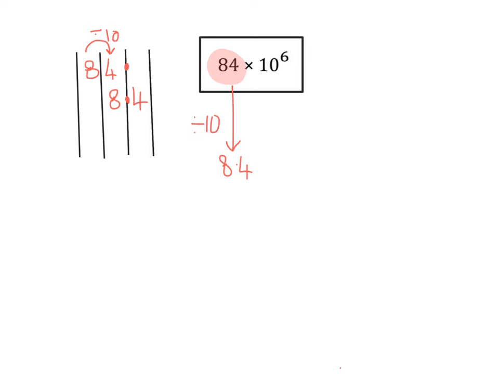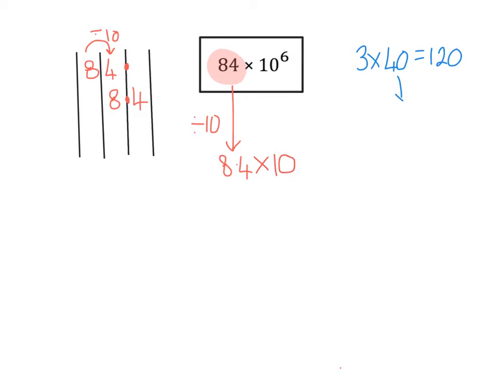Now I want to end up with these two expressions being the same value. I know it's going to be times 10 to the something, but 10 to the what? Now I just want to demonstrate by having a look at this question here. 3 times 40 we know is 120.